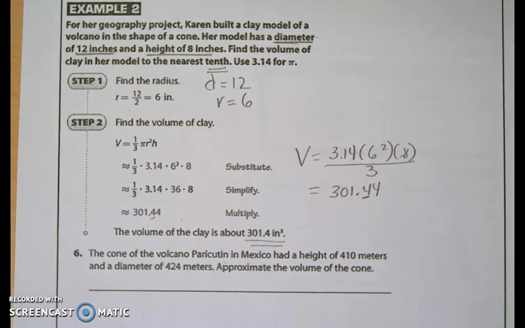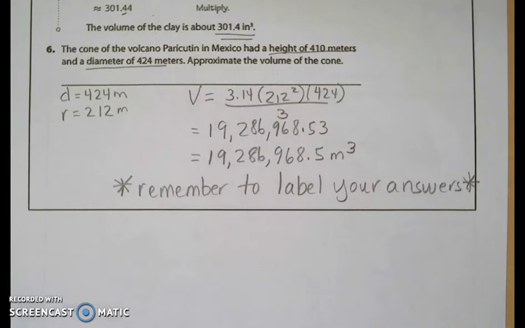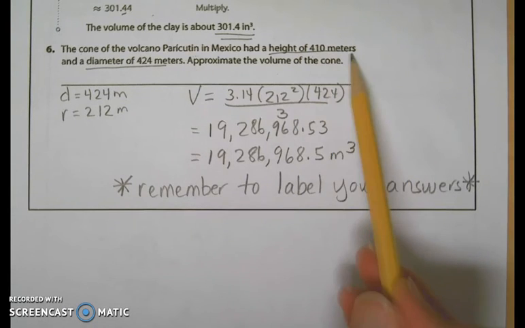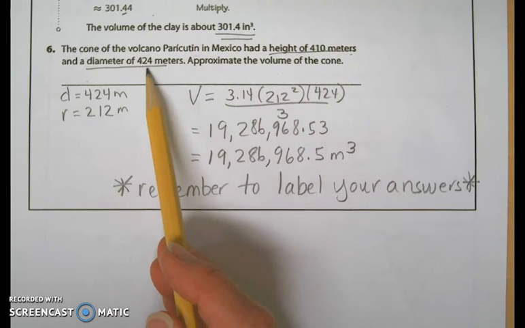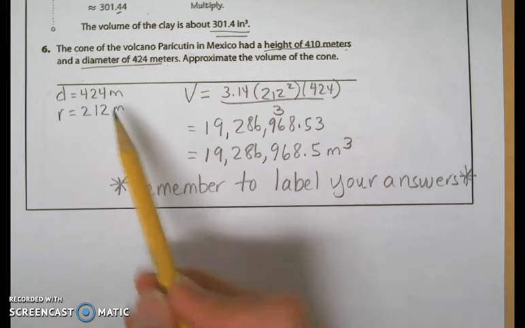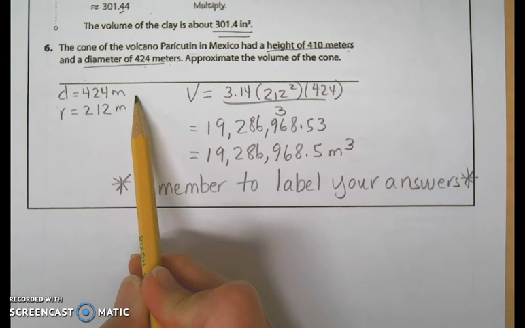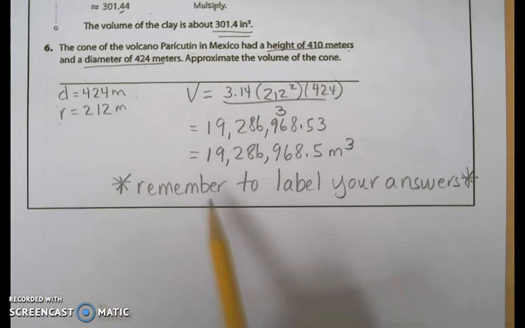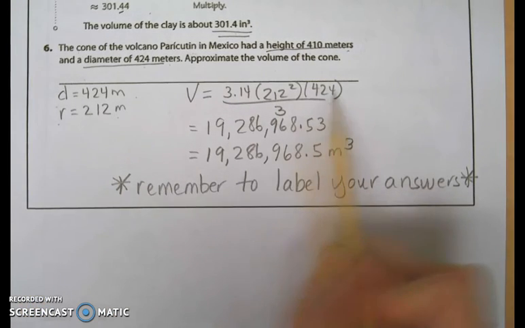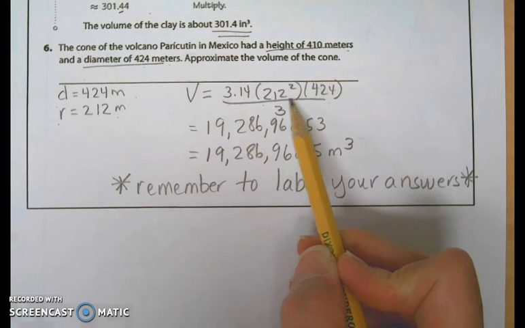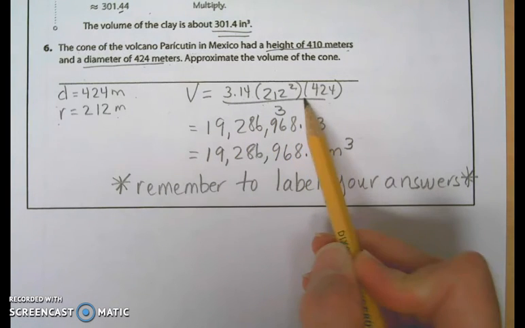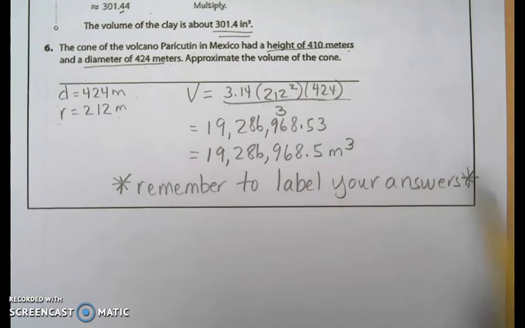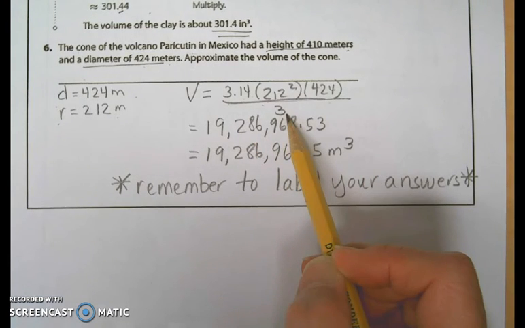You try example 6 by yourself. The cone of the volcano has a height of 410 meters and a diameter of 424 meters. So again, it gives us a diameter. We have to cut it in half to get our radius of 212 meters. Take the dimensions and place into the formula 3.14 times 212 squared times the height of 424, all divided by 3.